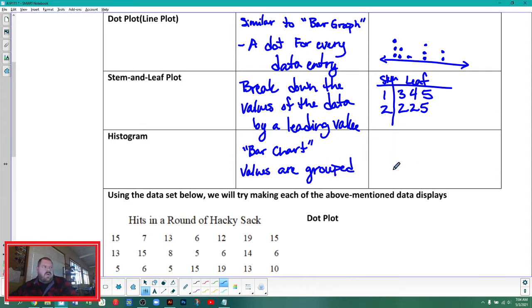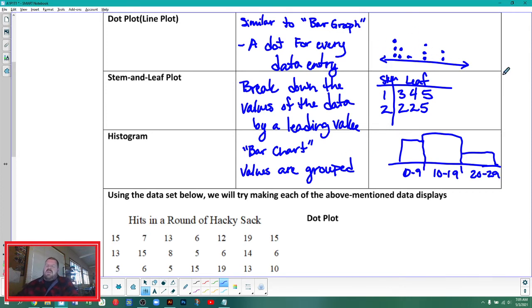The difference for a histogram is you might get something like 0 to 9, 10 to 19, 20 to 29, and you're going to have bars for those. But it's that idea of grouped values versus a dot plot just having individual numbers along the bottom.